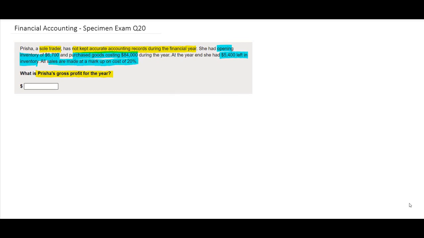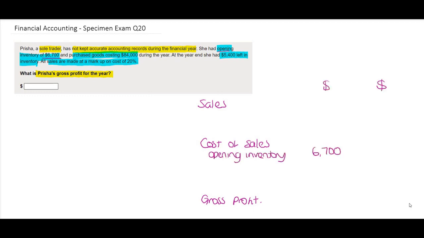Based on the information provided, we are looking at the relationship between sales, cost of sales, and gross profit. We have been given information relating to our cost of sales. The opening inventory is $6,700, the purchases cost $84,000, and closing inventory was $5,400.